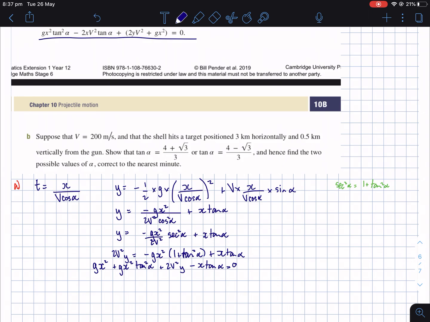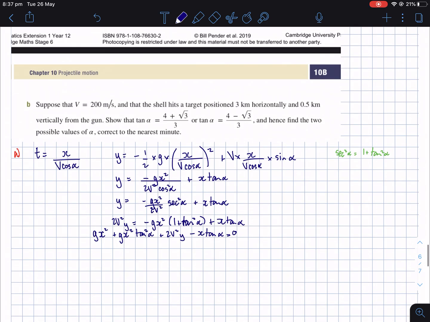They've got tan alpha like u squared to make it a quadratic in terms of tan alpha. Nifty, which means we've got tan squared alpha there. So it's gx squared tan squared alpha minus 2v squared x tan alpha plus gx squared plus 2v squared y equals 0.